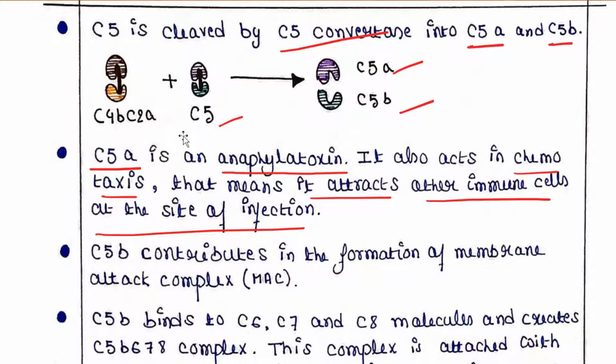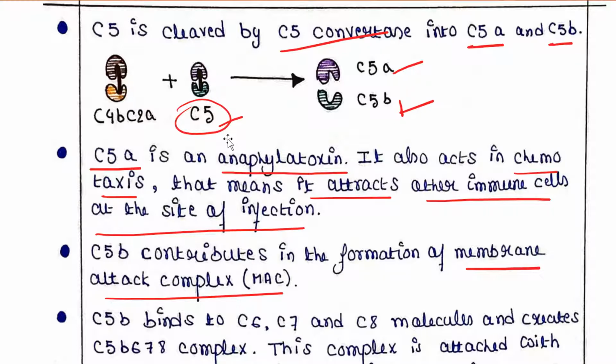And C5b, that is also released by the cleavage process, contributes in the formation of membrane attack complex or MAC. So membrane attack complex or MAC is very important and it is the ultimate thing in the complement system. So you need to understand the MAC very well.